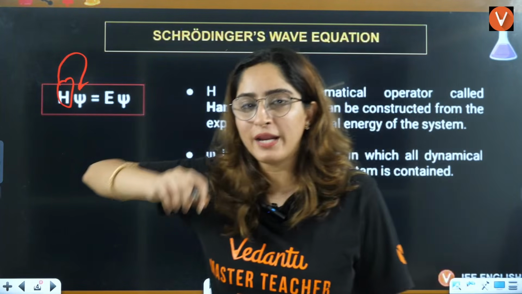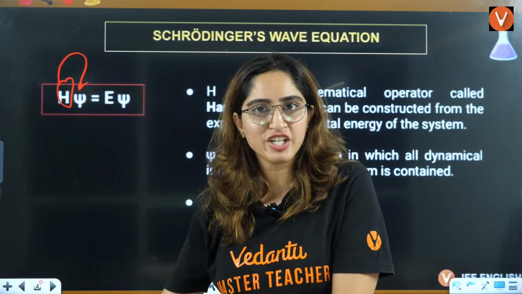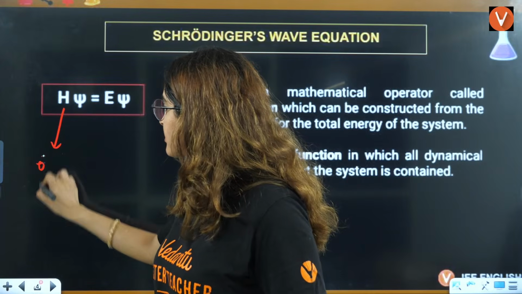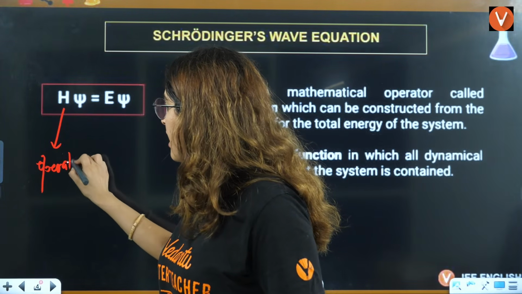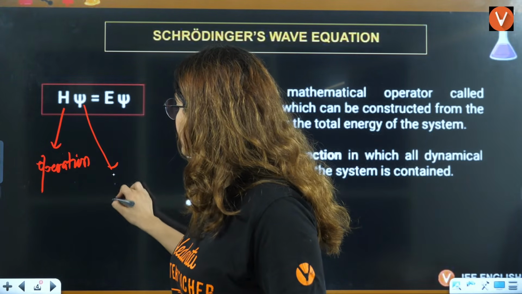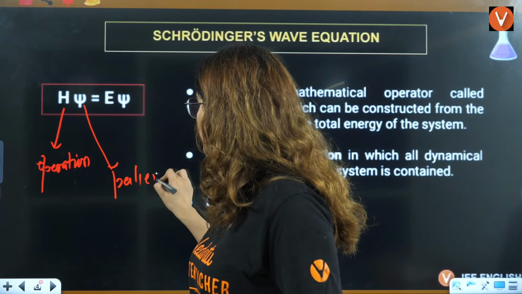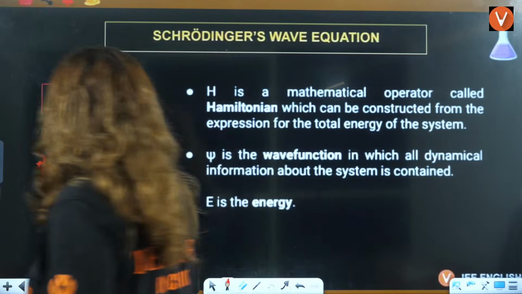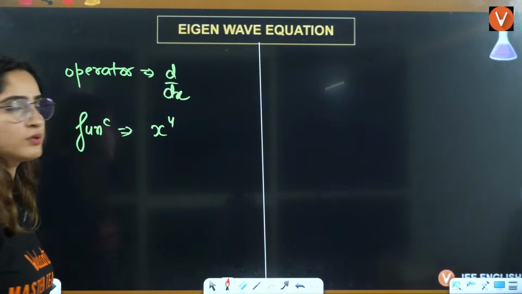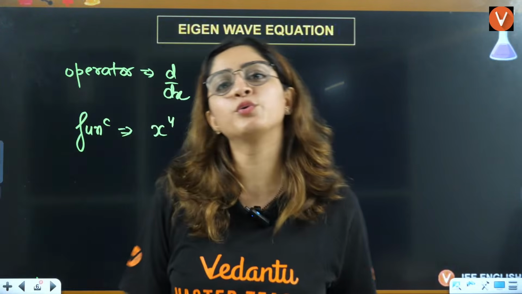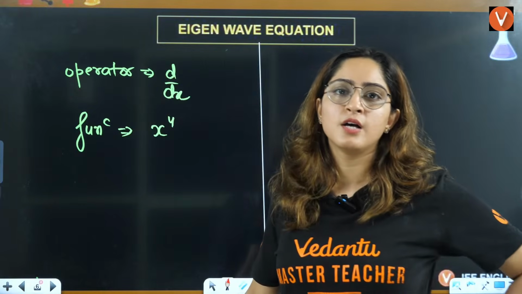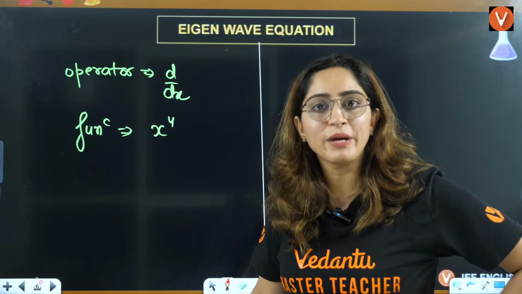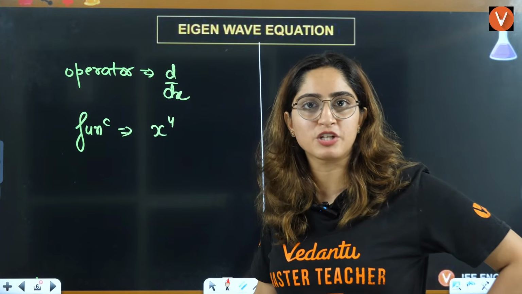That means operation will be on the patient. So this is the operation, and this is the patient. So always this happens, operation we will do to the patient, or we will do operation to the person who is with the patient. For the patient only we will do operation, right?